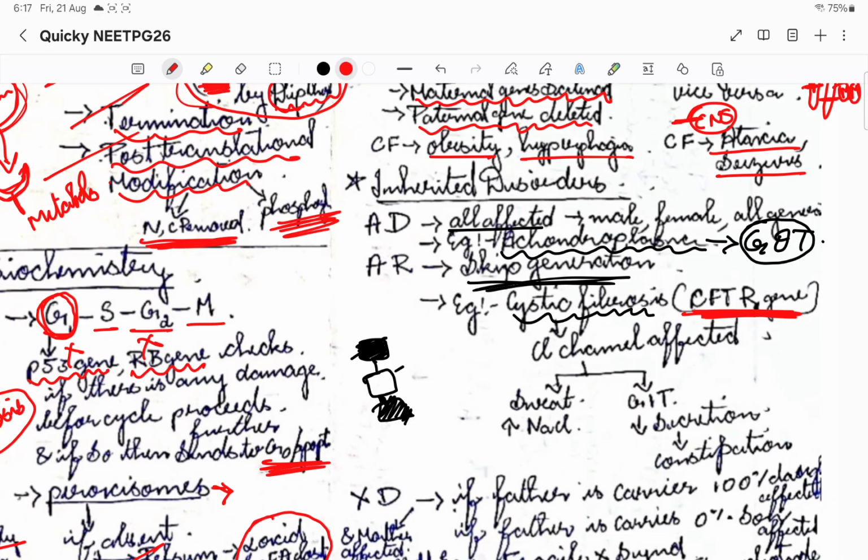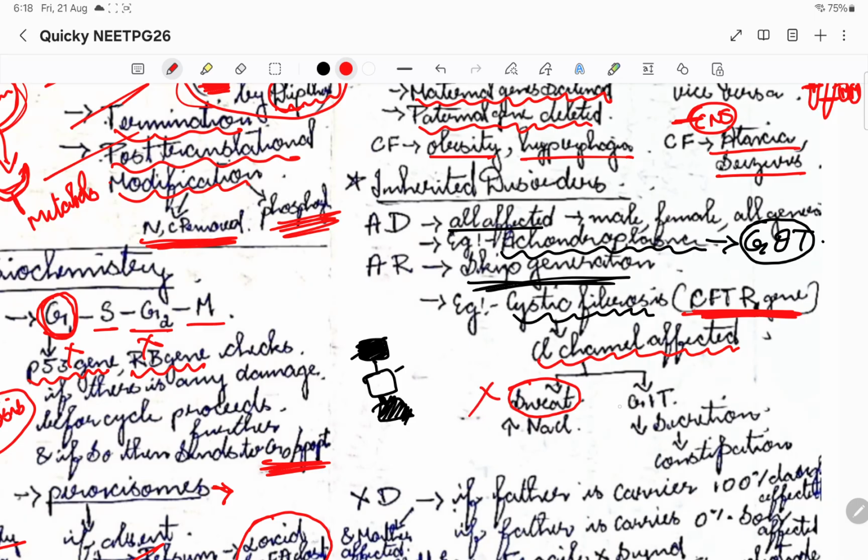Coming back to cystic fibrosis, the CFTR gene is affected, where the chloride channel is affected in the body. The chloride channel is very important in sweat glands and in the GIT. In the sweat gland, the chloride channel was supposed to go inside, and it was supposed to be suppressed.